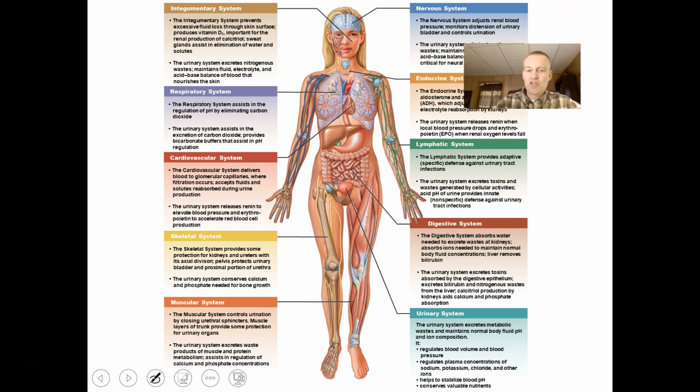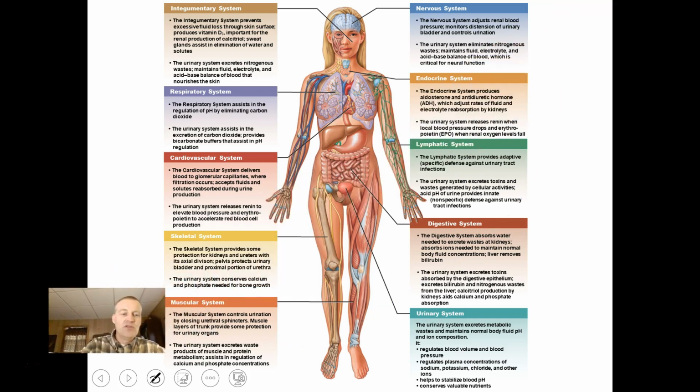So just lastly, I always want to remind you that the urinary system is not in isolation from any other system. You have to have all these systems working together in order for a human body to function correctly. So let me just highlight a couple of them. How are the urinary system and the integumentary system related to one another?